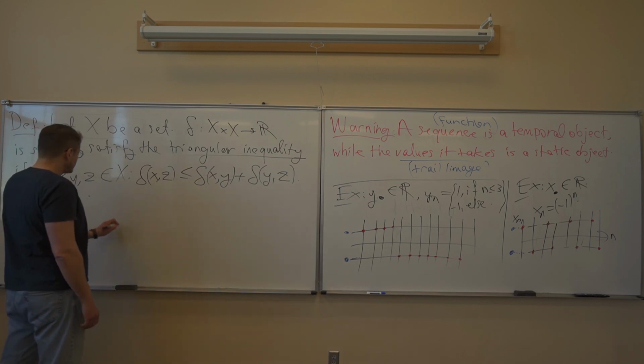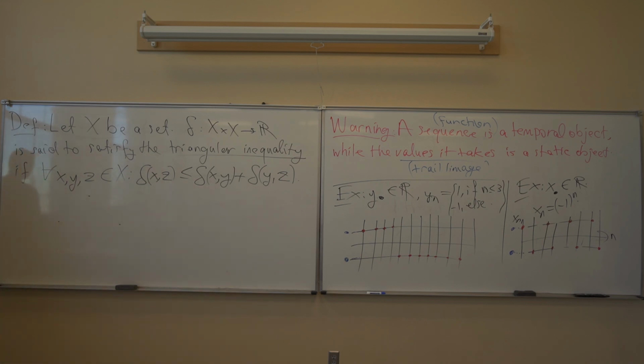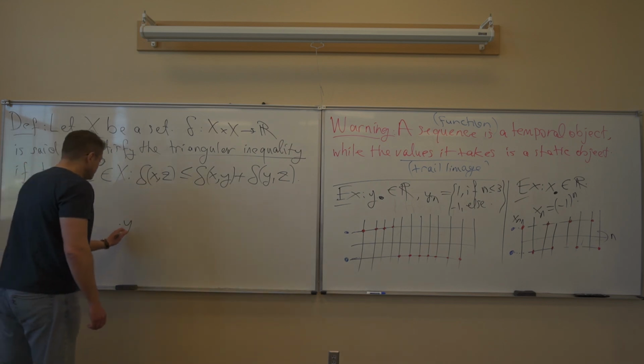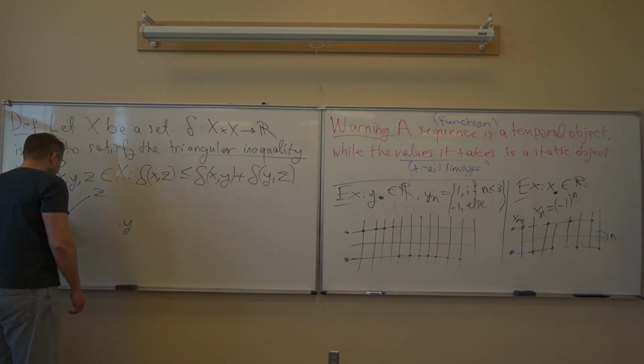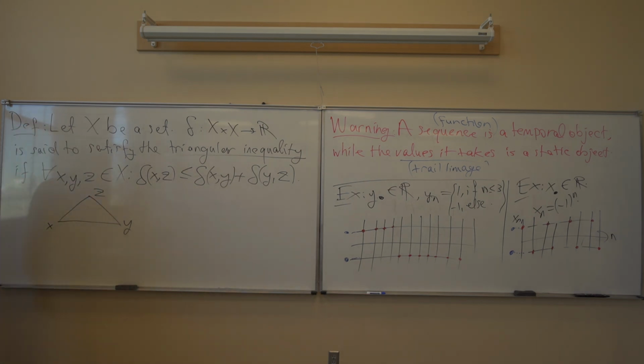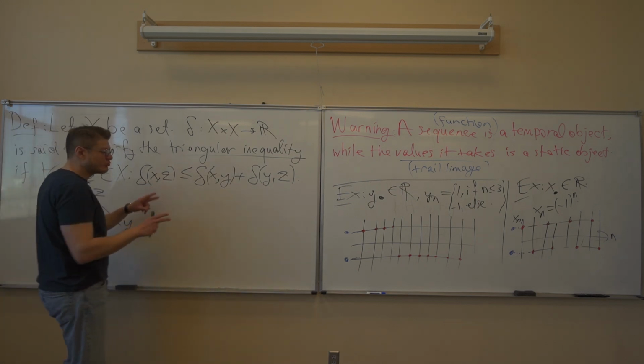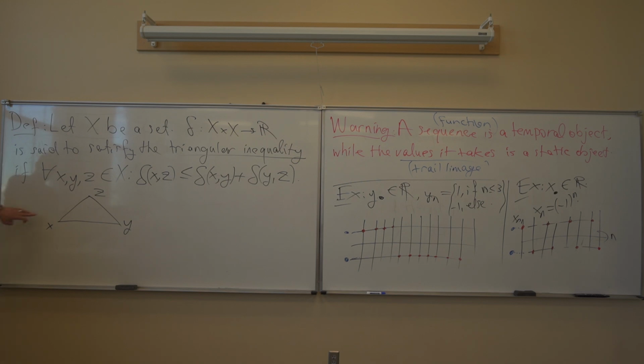So if you were to look at the plane, and take three points, x, y, and z, and look at the triangle like this, well, from Euclidean geometry, there's this idea that the sum of this length and this length must be greater than or equal to this length. How many of you have seen this? Okay, some of you. So this delta of x comma z is supposed to model or abstract out this notion of a distance between the two things.